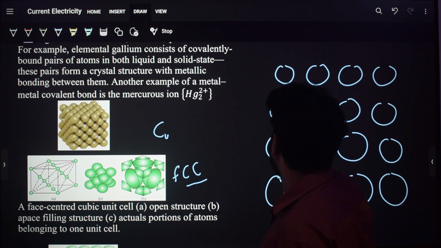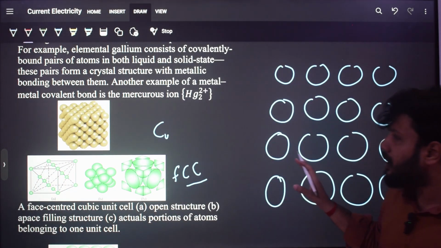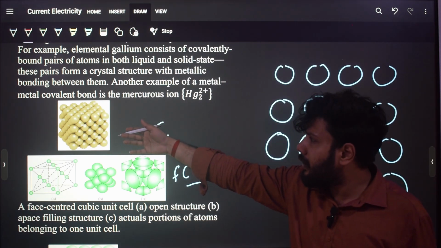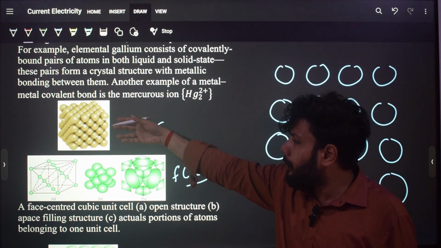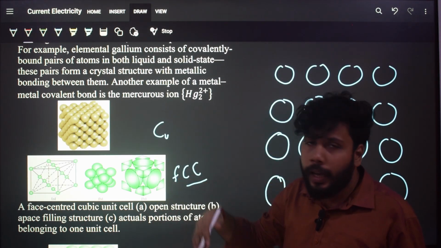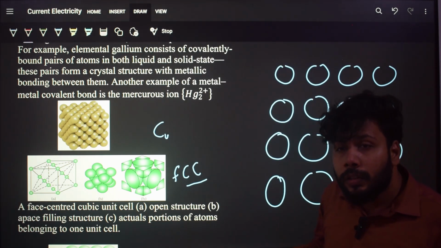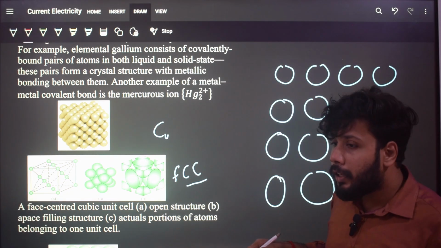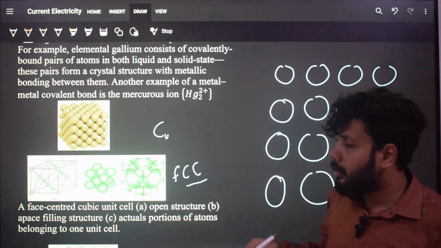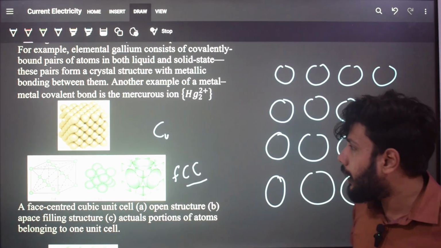But if you have many atoms in a lattice, they can be arranged like this. It is a depiction, not exactly like this. But if you search on the internet and see the spectrography of copper or any metal, you can see it will form somewhat this kind of lattice.